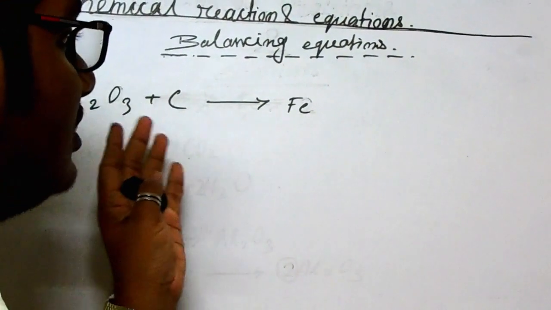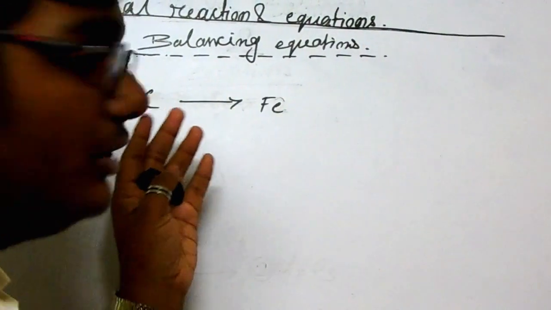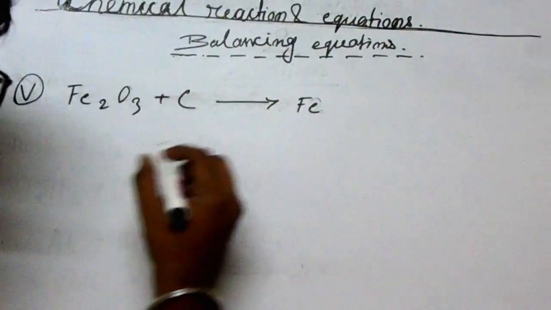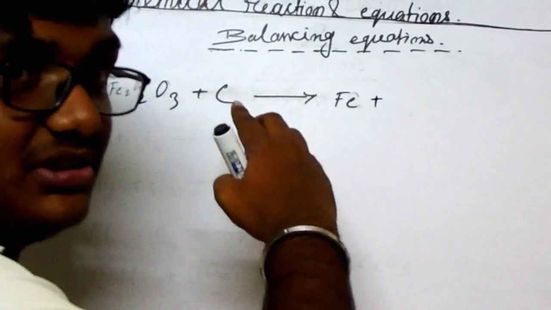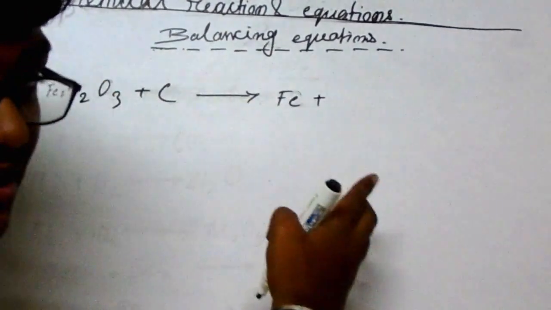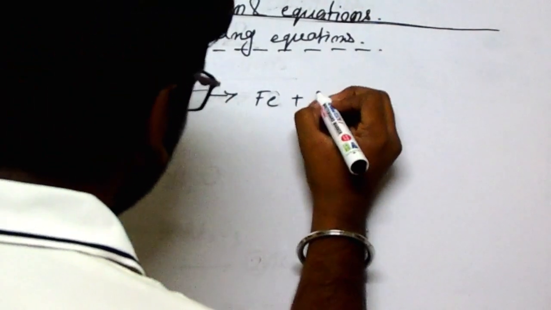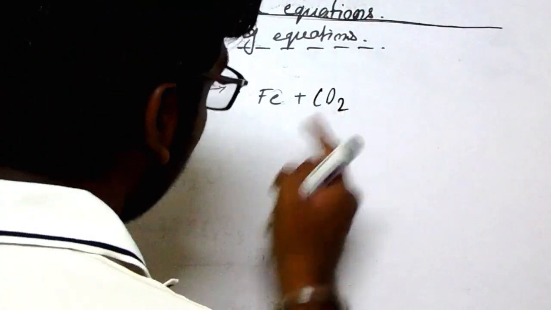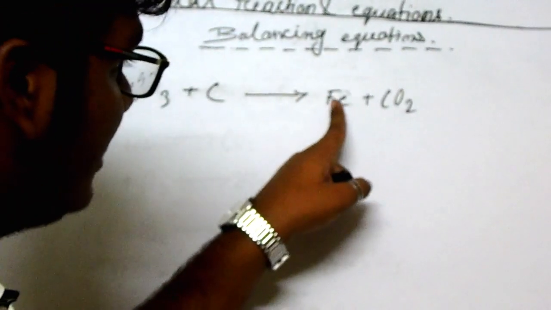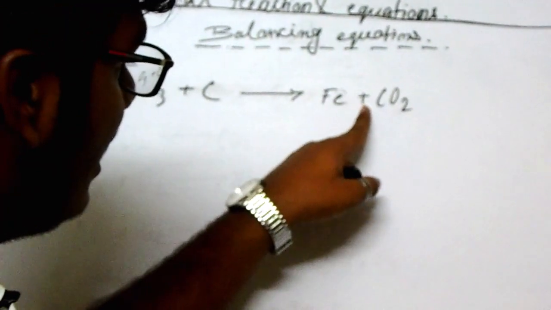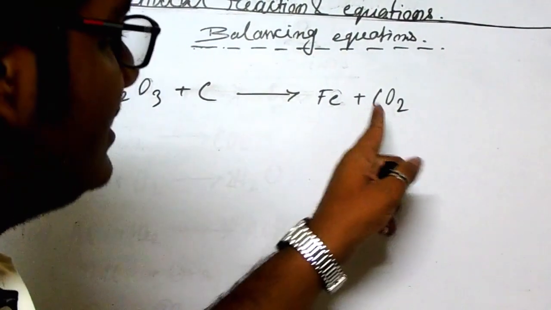I have already uploaded the lecture video on this chapter. So here, Fe is getting separated, that is iron, plus CO2, that is carbon dioxide. Iron is extracted from this reaction, and carbon dioxide gas is evolving from this reaction.